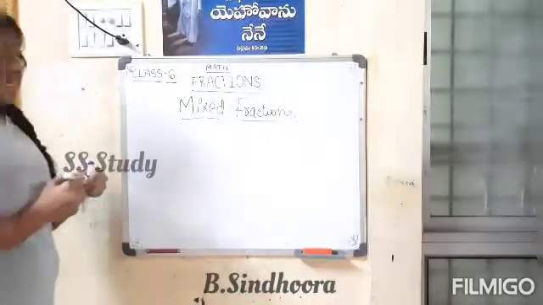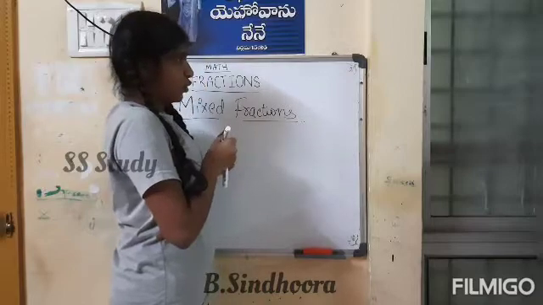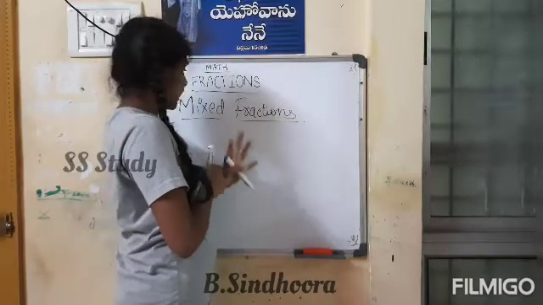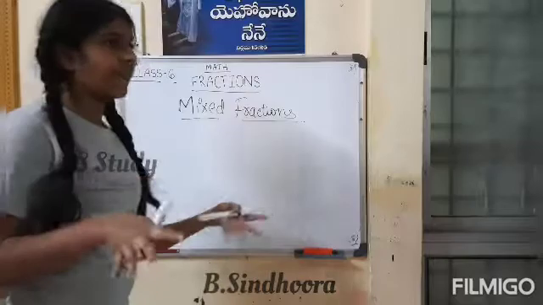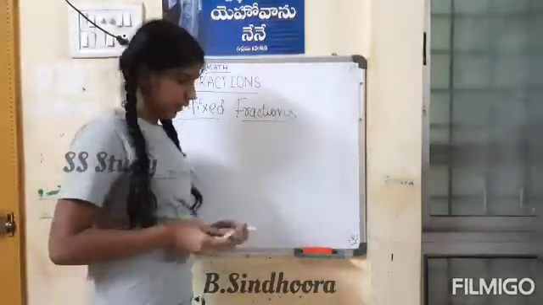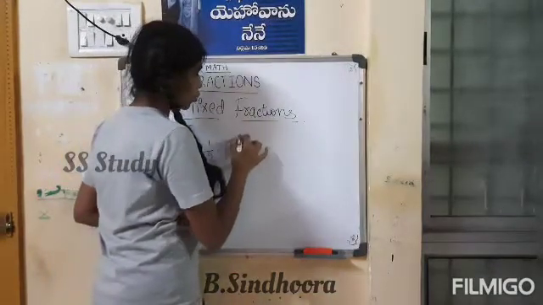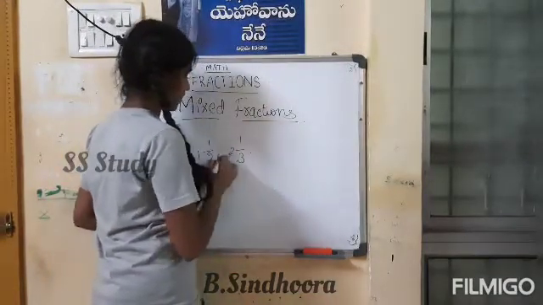The definition or the meaning is in its name, mixed. The fractions will be mixed in that. For example, 1 by 2 is a mixed fraction. 2, 1 by 3 is a mixed fraction.